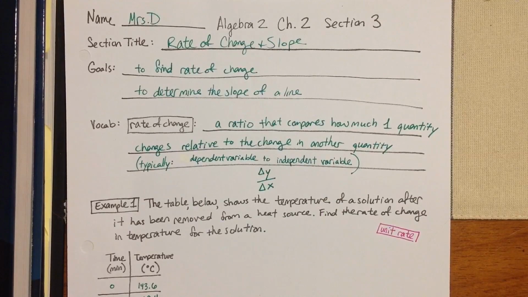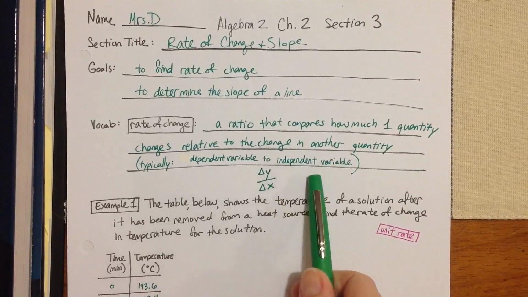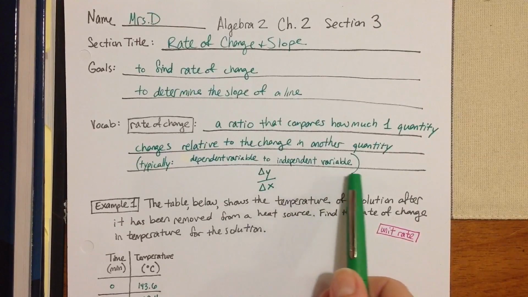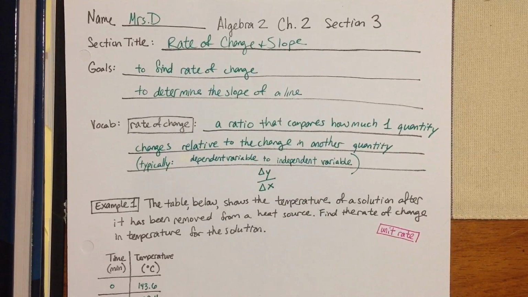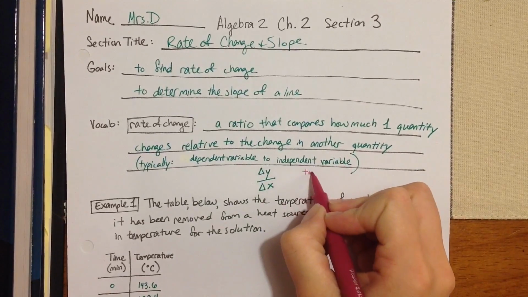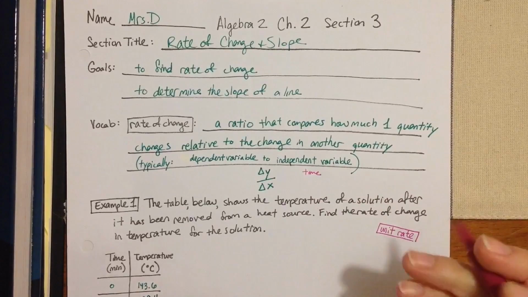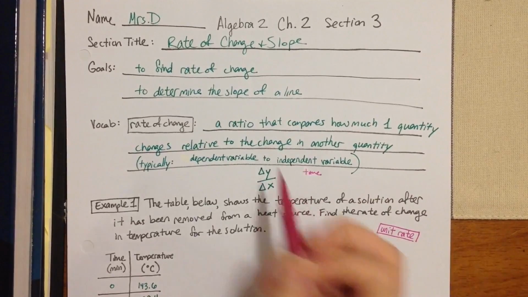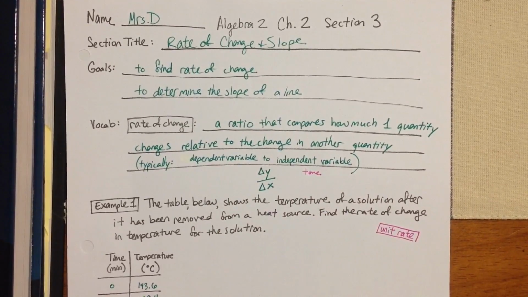It just changes on its own. And as the independent variable is going along doing its thing, we have a result of the dependent variable changing as well. A good example of an independent variable is time. We don't really set the time, but as time goes along, other stuff changes, for example.